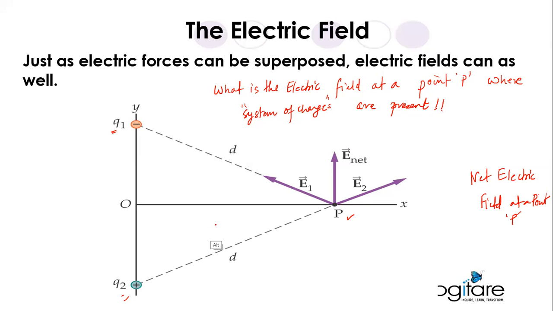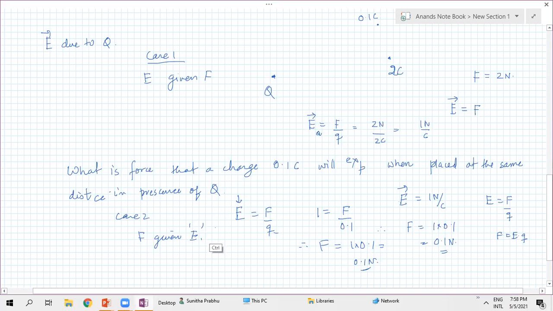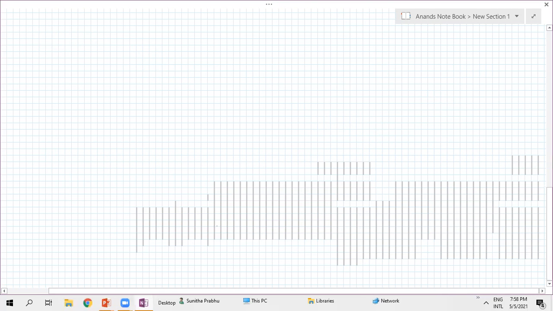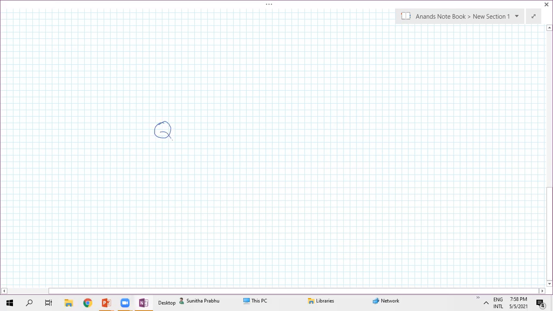Yes, sir. Okay, so we will take a simple example. Let's say I have one charge here, plus Q, and another charge here, minus Q. I will take some random point here, P. If I'm interested in finding the electric field at P, how do I do that?